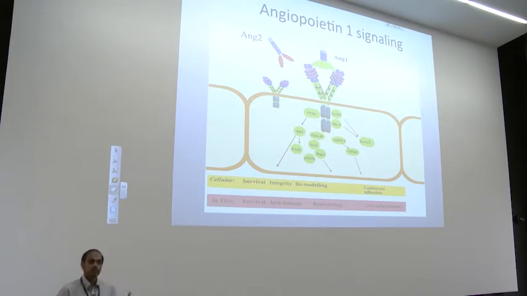We have done some proteomics work where we've identified other interesting molecules which might be involved in this signaling cascade as well. That's an ongoing project, and we're looking at these pathways in more detail. The whole idea is that this is a receptor activated by the angiopoietin-1 molecule, which activates these signaling pathways.